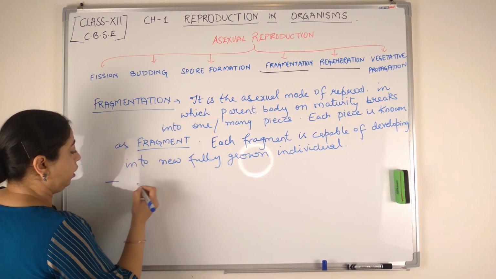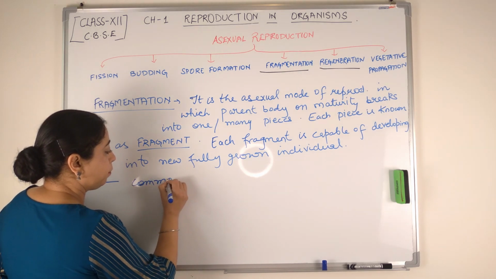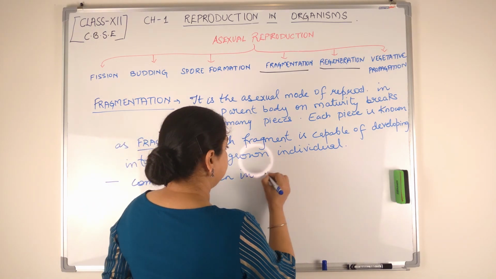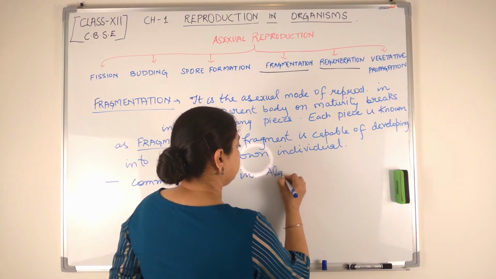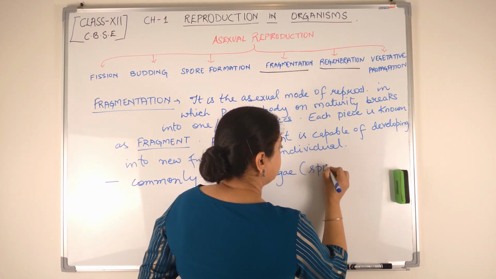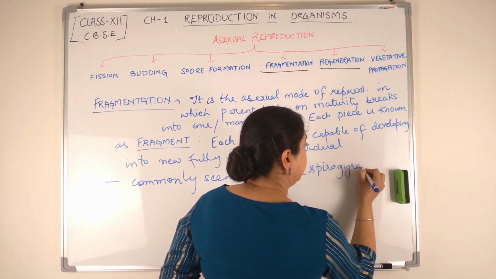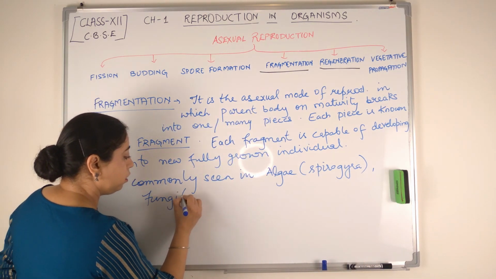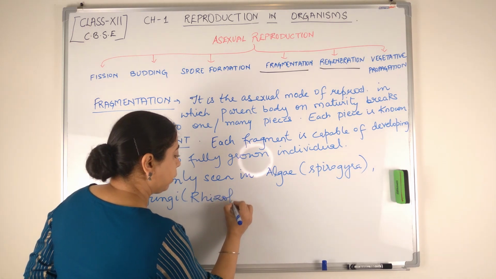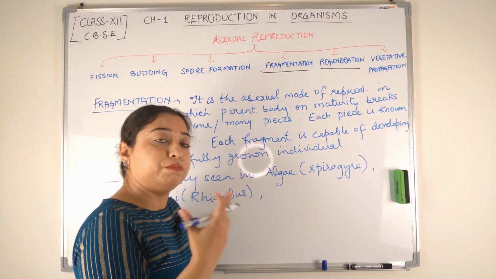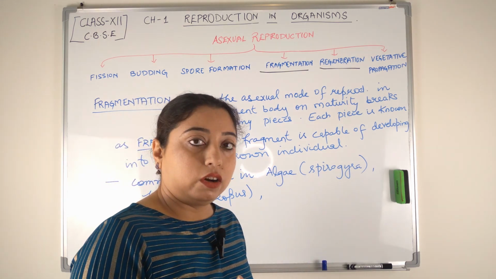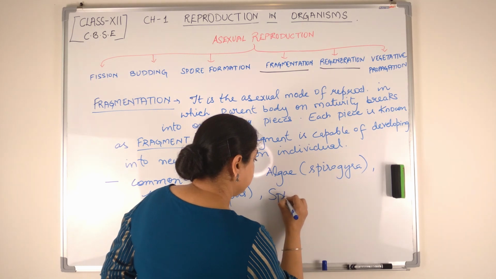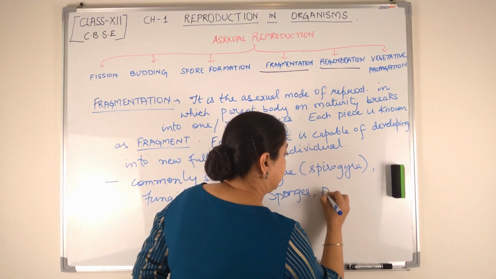Fragmentation is a common mode in a few algae, for example Spirogyra, which is a green algae. It is also seen in fungi like Rhizopus. There are a few simple-bodied animals which also undergo fragmentation, like sponges and planaria.